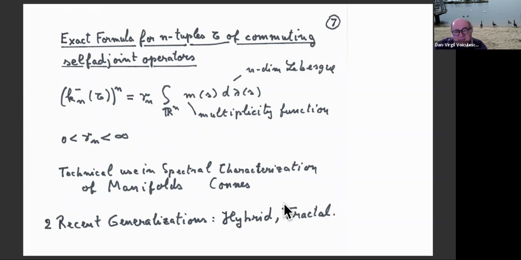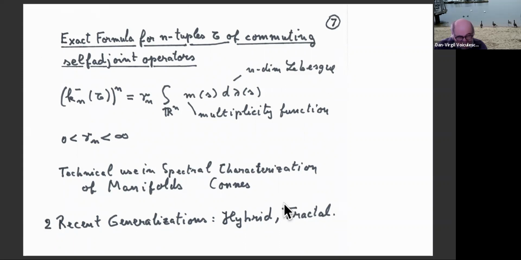So as you can see here, actually only the part of the multiplicity function for the Lebesgue absolutely continuous part enters, because on the singular part the Lebesgue measure is 0. And this formula has found technical use in Alain Connes's work on the spectral characterization of manifolds.